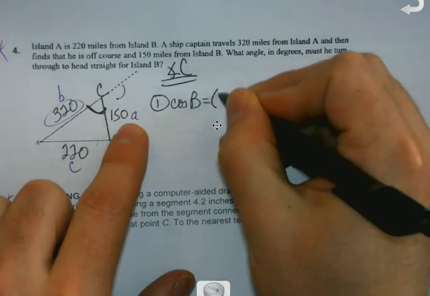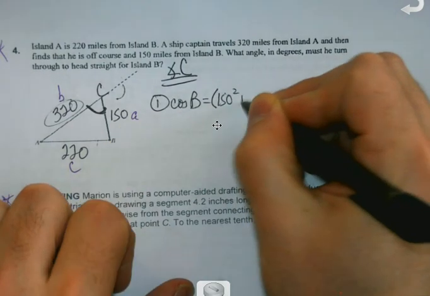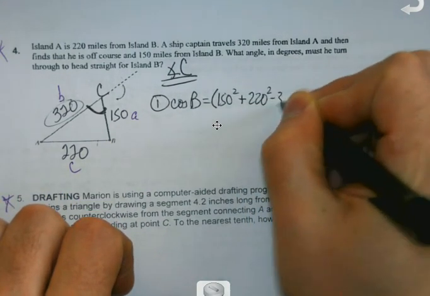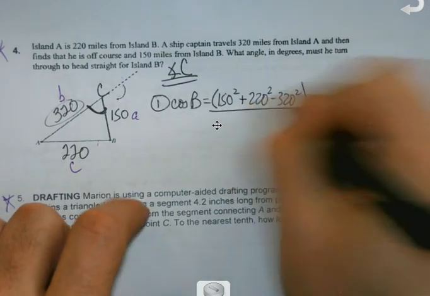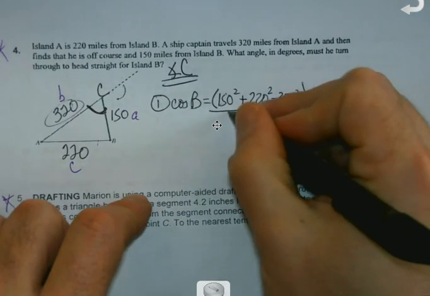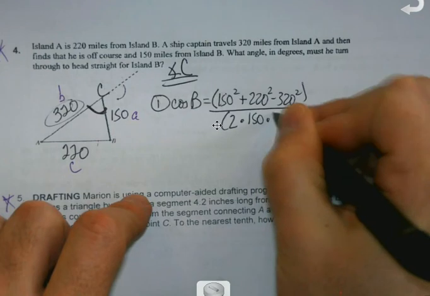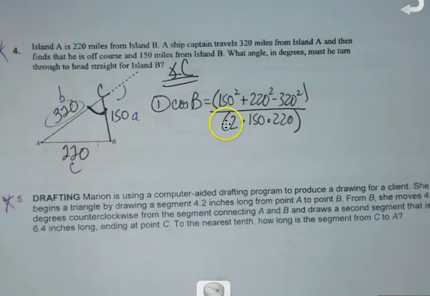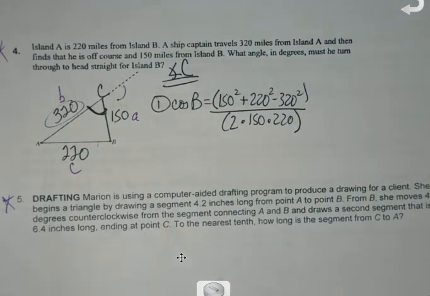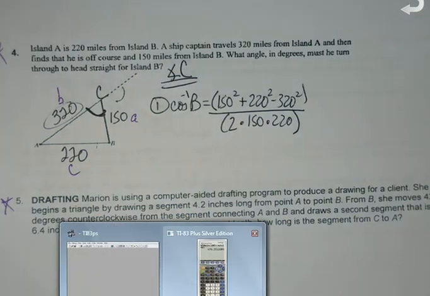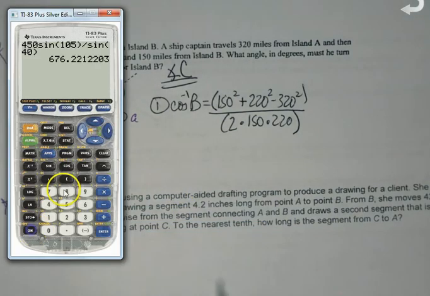So we're going to take a squared plus c squared minus b squared over 2 times a times c. And I'm going to put my little -1 there to remind me it's an angle. I'm going to let the calculator do my cranking.